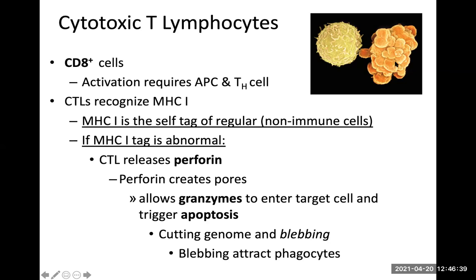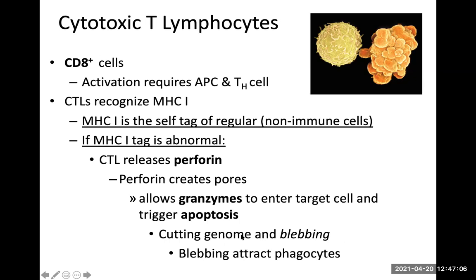It looks like a blob, right? So this is blebbing. And in order for the apoptosis pathway to get turned on, this CTL, right, cytotoxic T cell, had to release perforin and granzymes. Perforin pokes some holes, allows the granzymes to get inside, and then turn on the apoptosis.